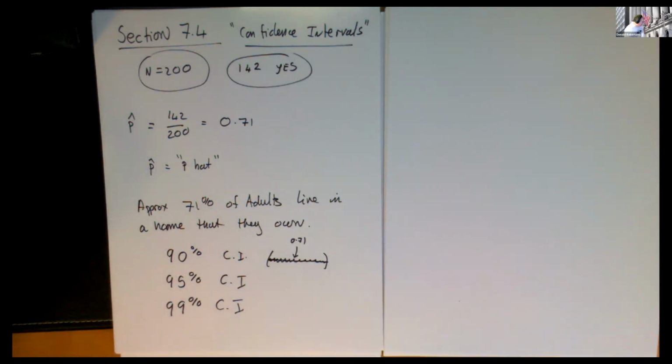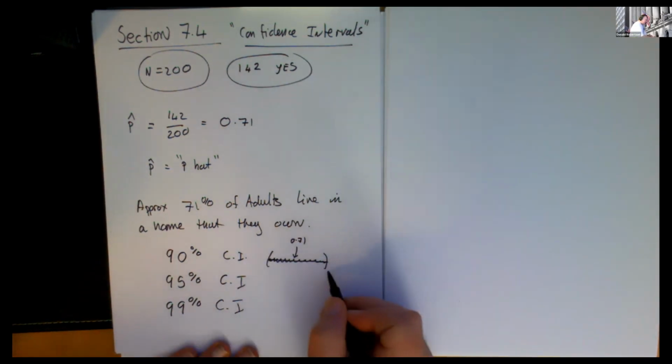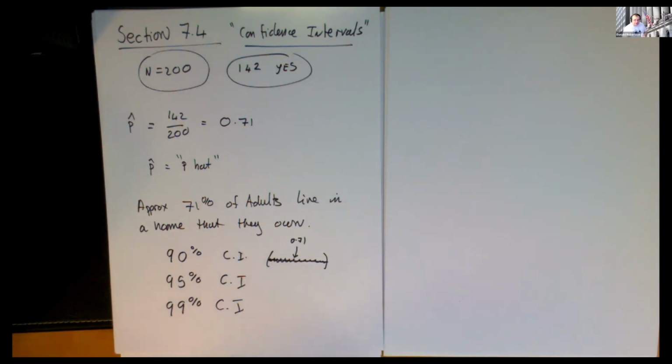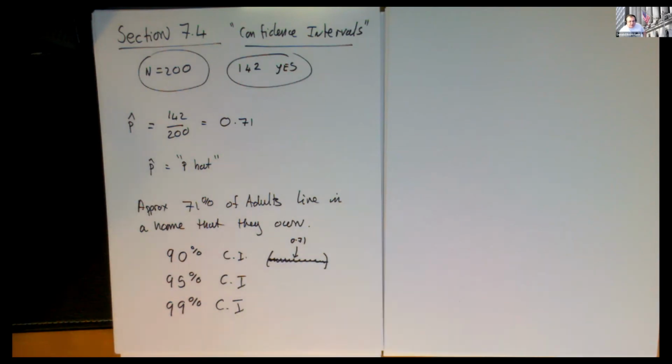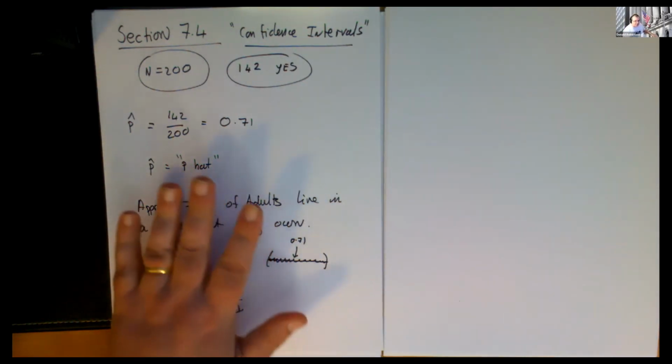A 90% confidence interval would give you a start and a finish number, and we would be able to say that we are 90% confident that the real answer, the entire population of America answer, is in that range. So doesn't that give you a little bit more confidence? There's another word for confidence interval. A little bit more surety that how good your estimate is. So let's hold on in that story and we'll come back to that.